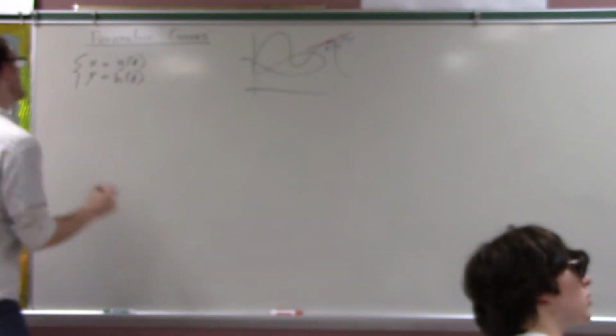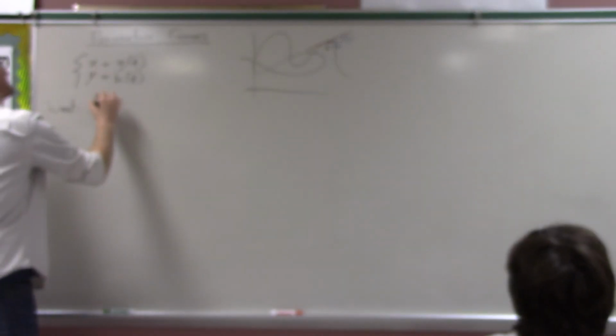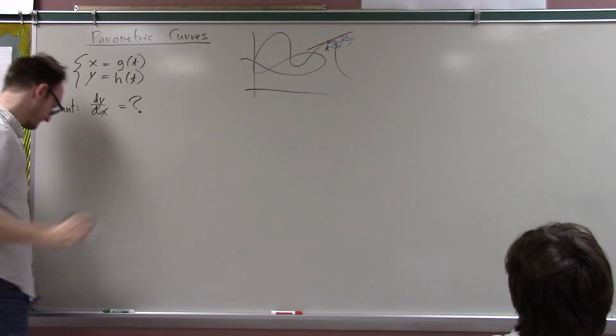The slope of any line is the ratio of the change in y to the change in x. So if I want to calculate the slope of the tangent line to the curve, what I want is dy/dx. So how can I calculate dy/dx?